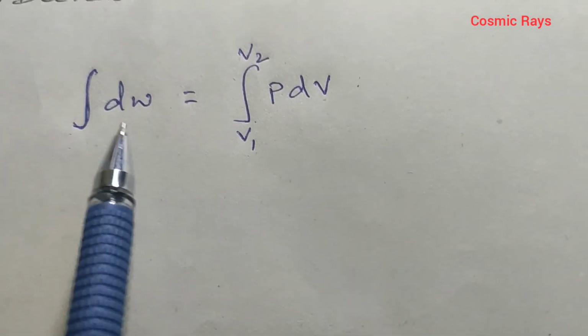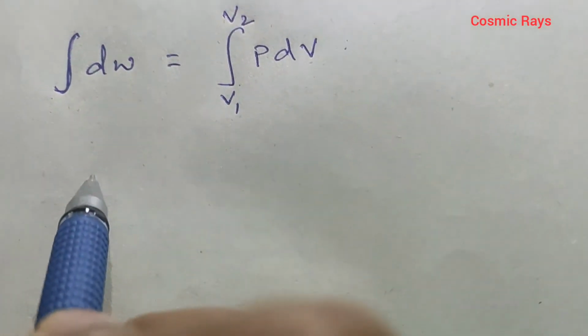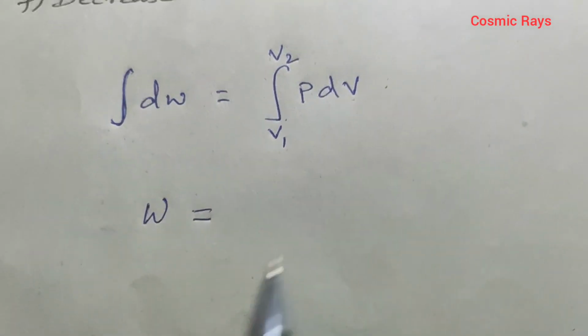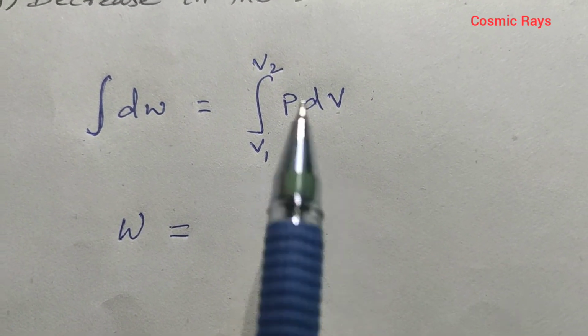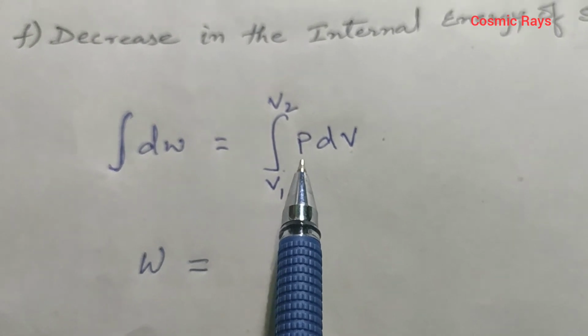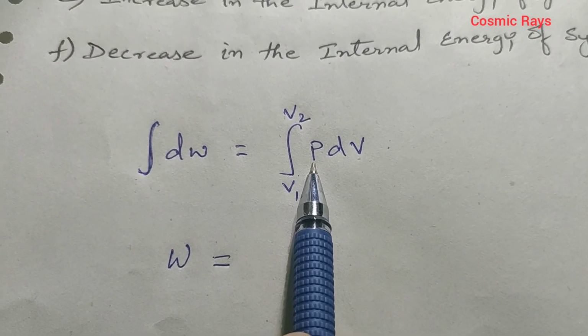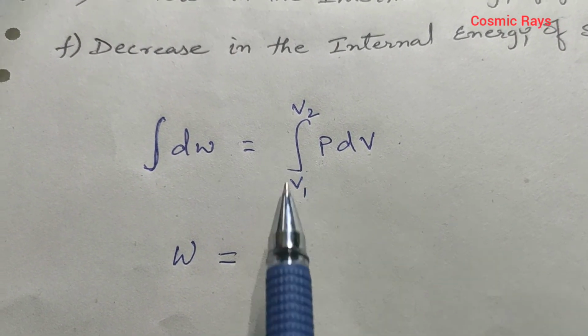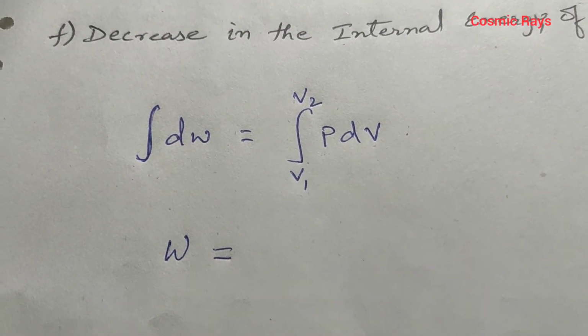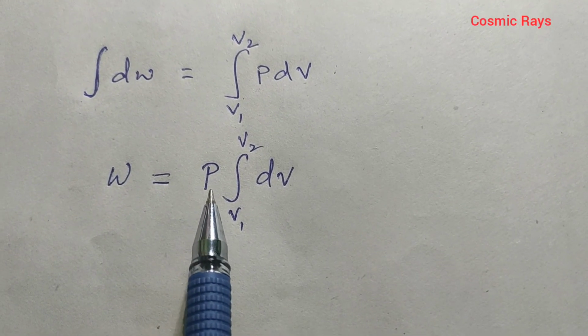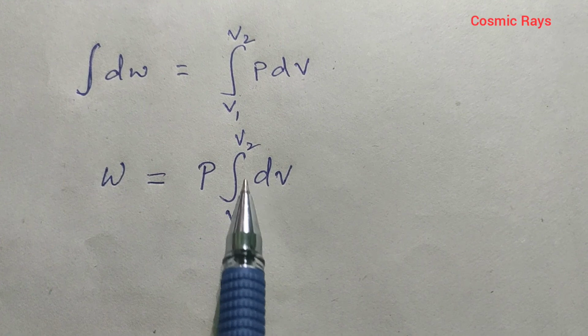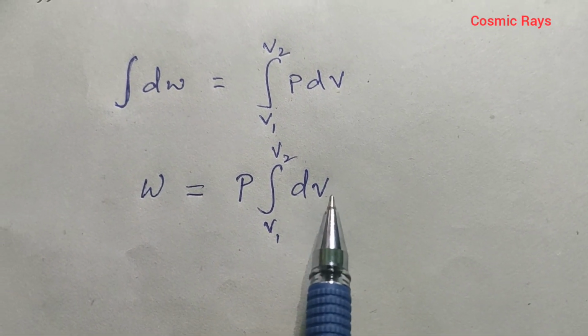So integration of dw is W is equal to, pressure is a constant, so it will come out of the integration sign, and we have P outside the integration sign, integration from V1 to V2 of dV.